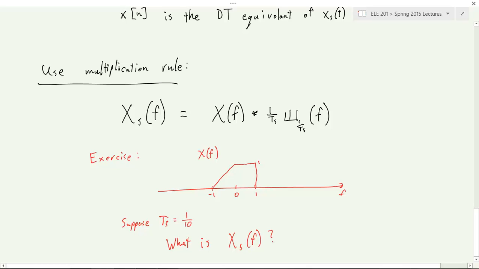Okay, so essentially you want to perform this convolution. So I'll give you a few moments here, and then I'll ask for a volunteer.